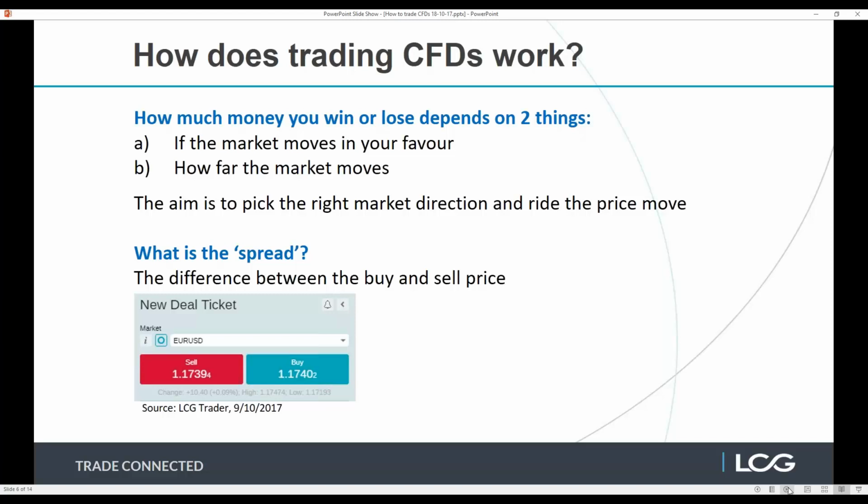There's only so much we can cover here in half an hour. This is more of an introductory thing, but you really want to be aiming for scenarios where you're looking to win more in your trades than you lose. So having a good risk to reward ratio is key. So cutting your losses when they're small and riding the profits.